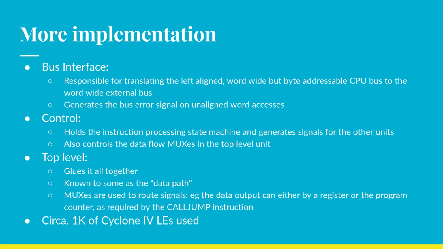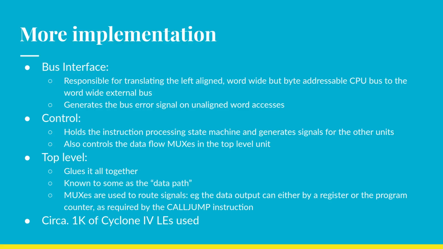There's the control entity, which handles all of the state processing for each of the instructions, and generates all of the control signals used by the other elements. It also controls some muxes which are used to divert buses around in the outer layer of the processor.